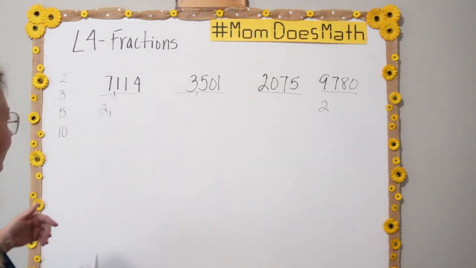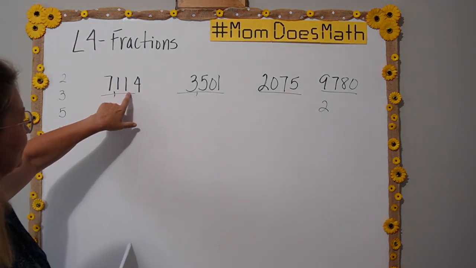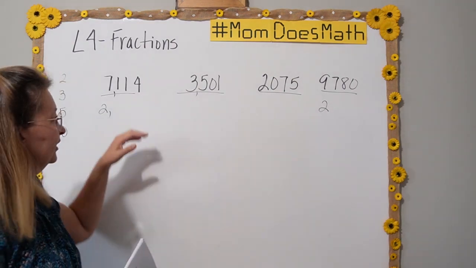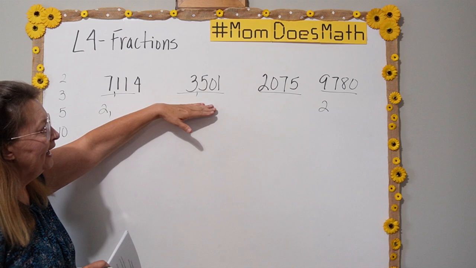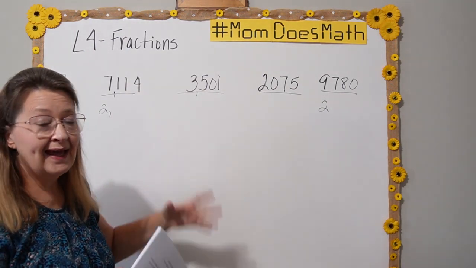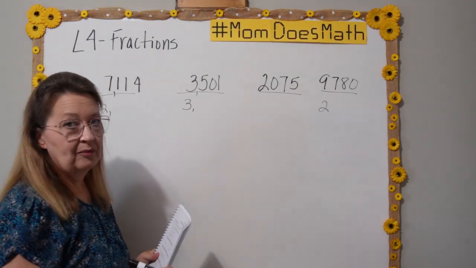So let's test that. If I add all of these up, I've got 7, 8, 9 plus 4 is 13. 13 is not a multiple of 3, so 3 won't go into this. All right, if I add up 3 plus 5, that's 8, plus 1 is 9. 9 is a multiple of 3, so 3 would go into this number.